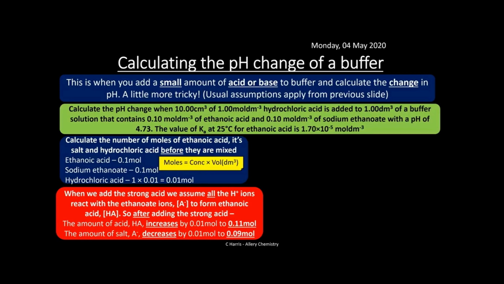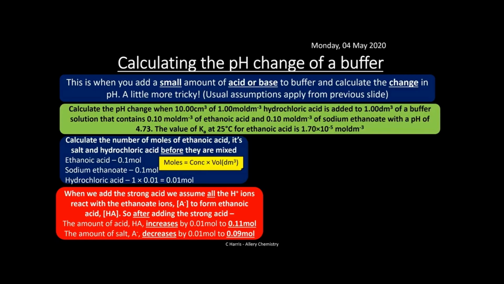That's our buffer. We're now going to add our strong acid to that beaker and see what the pH difference is. Remember, a buffer is going to try to resist the change in pH. We add an acid, and the buffer is going to try and stop that from changing the pH. So this is the mechanics of it.